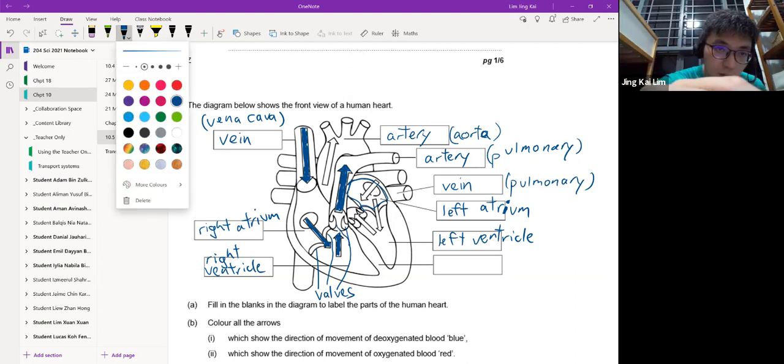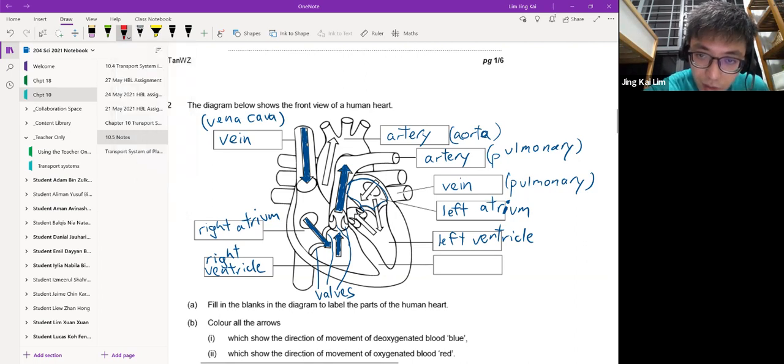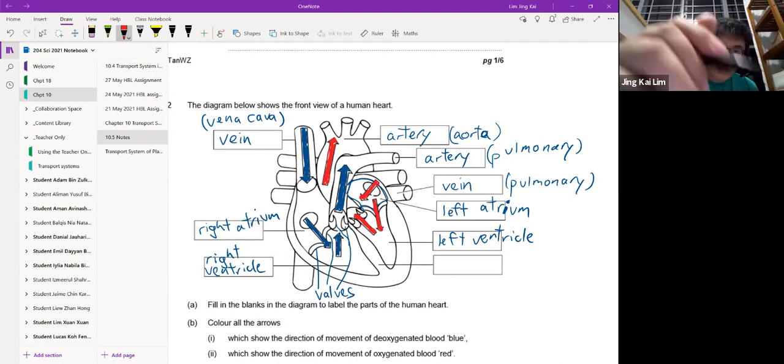Now on the left side, this particular part of the heart will pump the oxygenated blood through it. After that, the oxygenated blood will then be forced to the rest of the body through the aorta artery.